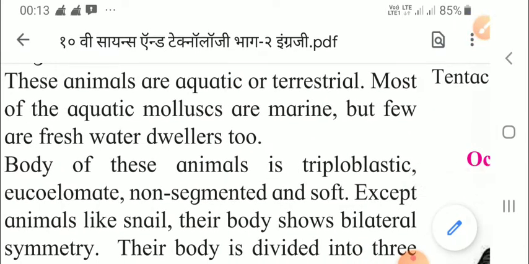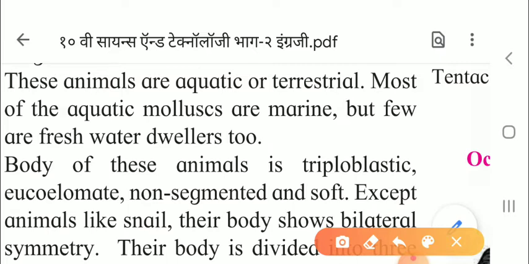Mostly they are having aquatic dwelling. Aquatic dwelling means they are living in the water. Sometimes they are marine. Marine means living in the sea water. But sometimes they are freshwater dwellers. So some are having the tentacles also.